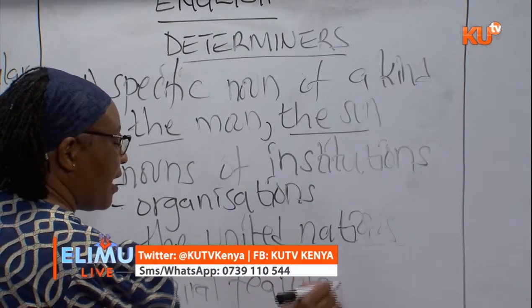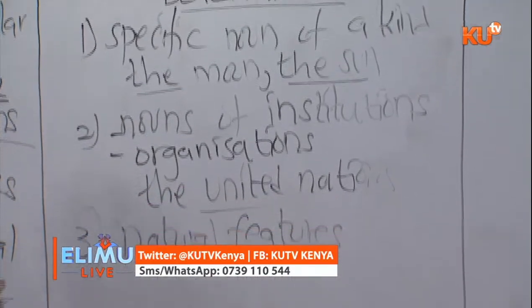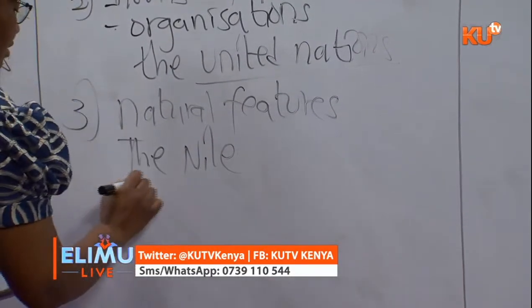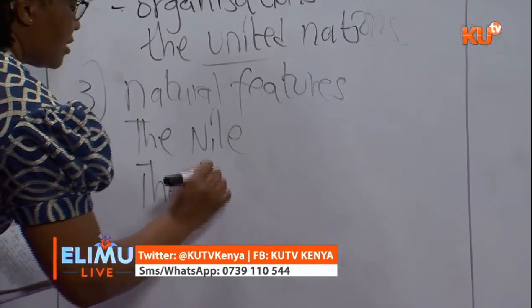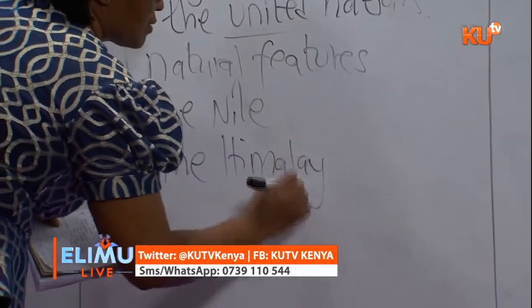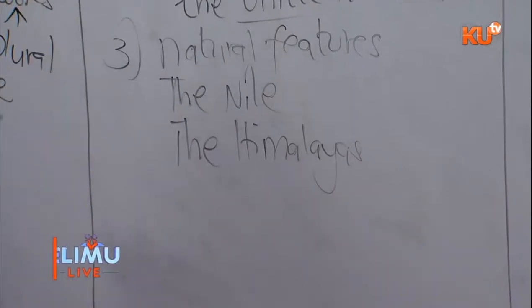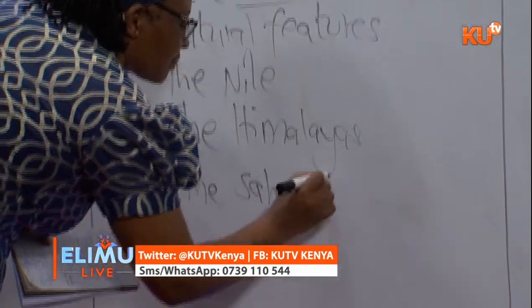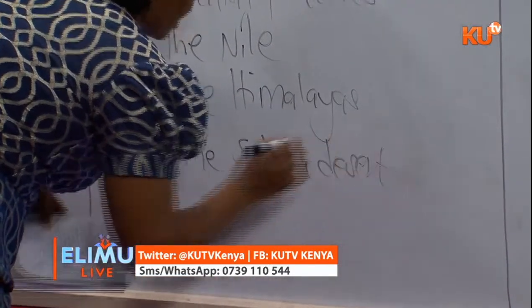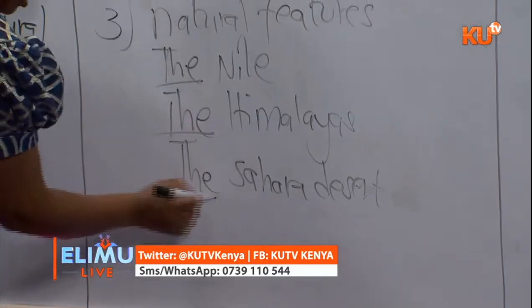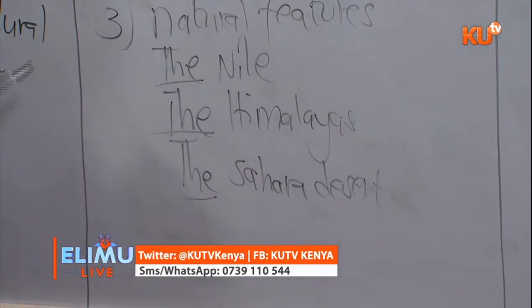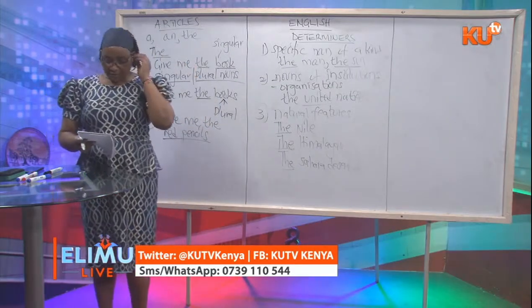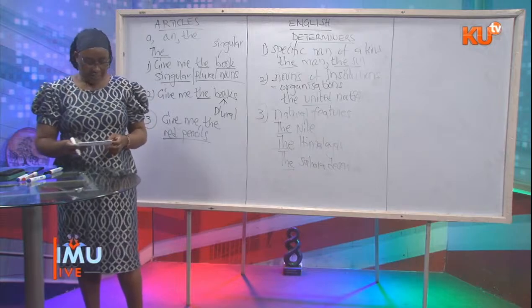We use the word "the" before natural features such as the Nile, the Himalayas, the Sahara Desert, so these are natural features. So we use the word "the" before nouns referring to natural features.